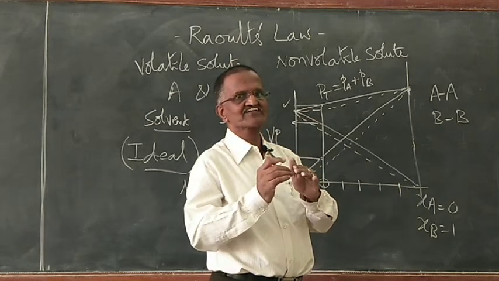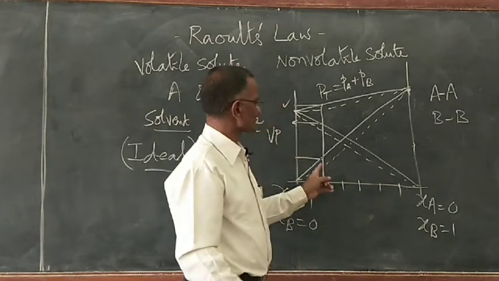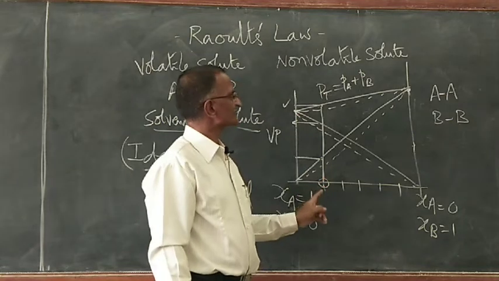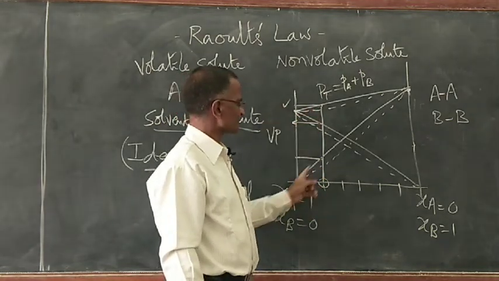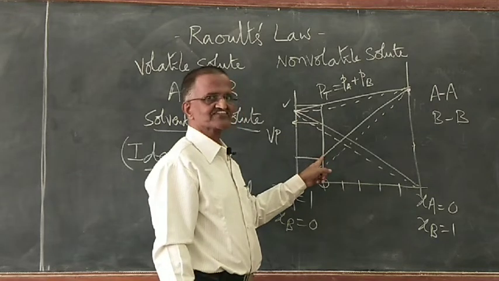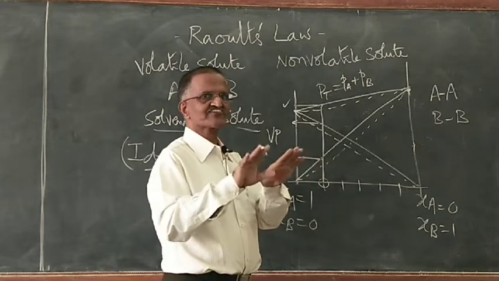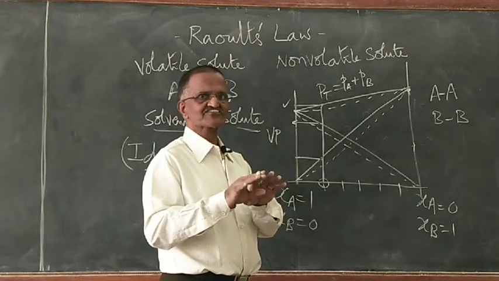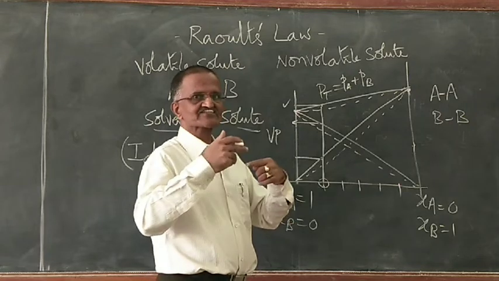Between A and B, attractions will decrease. That means more particles than expected will go into the vapor phase. At a given temperature, I expect a certain vapor pressure because of B. But because of the repulsions that have developed, no doubt they have got mixed up, no doubt they form a homogeneous mixture, but within the solution there are repulsions between them.